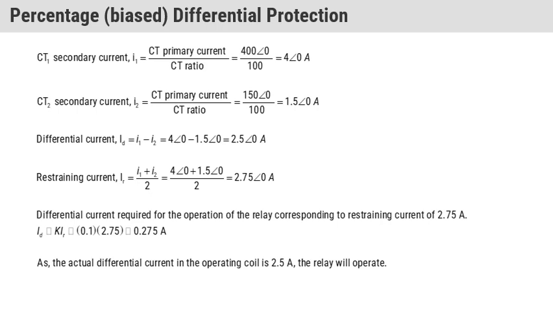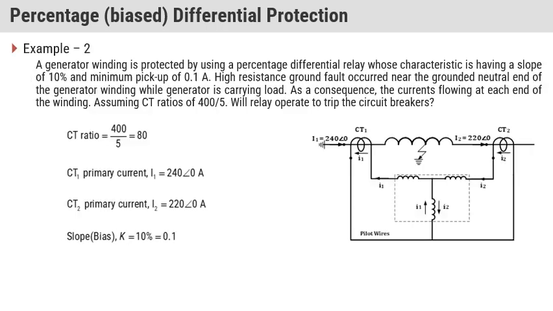The differential current required for operation of the relay corresponding to a restraining current of 2.75: ID is equal to KR, which is 0.1 into 2.75, equal to 0.275 ampere. As the actual difference current in the operating coil is 2.5 ampere, the relay will operate. This is how we can conclude whether the relay operates or not by using mathematical calculation.